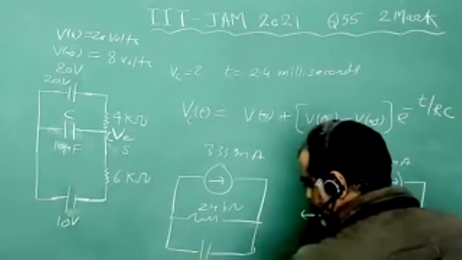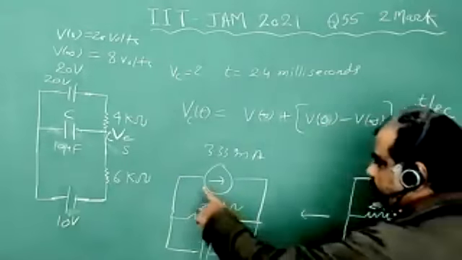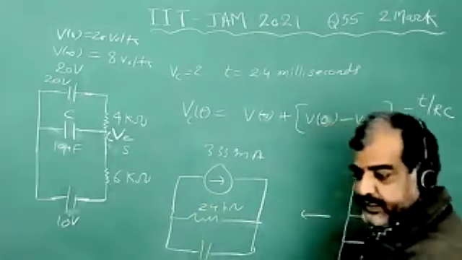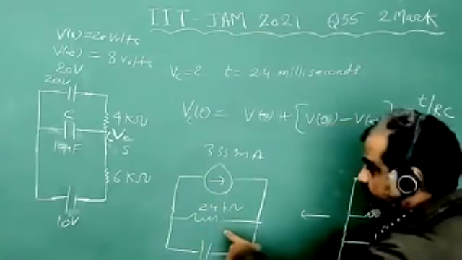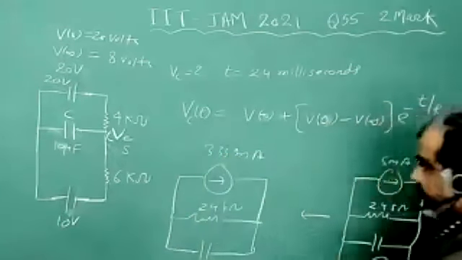Now this is a current source with a parallel resistance, so again I can apply the source transformation technique and convert this current source into a voltage source.